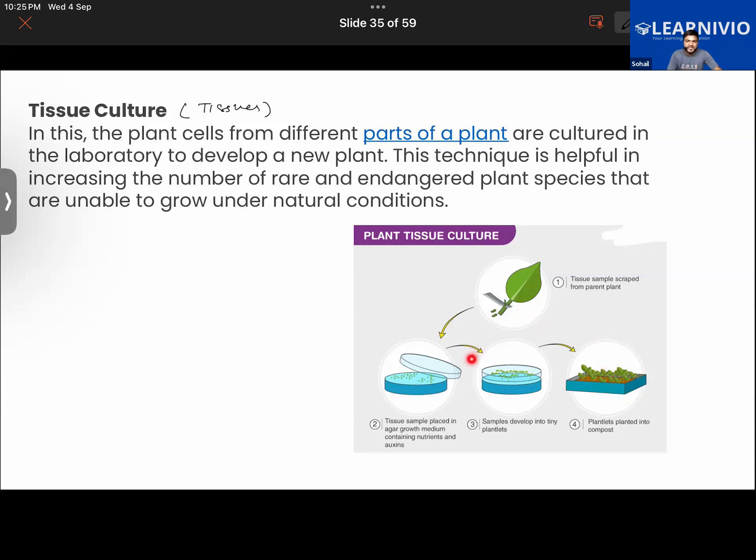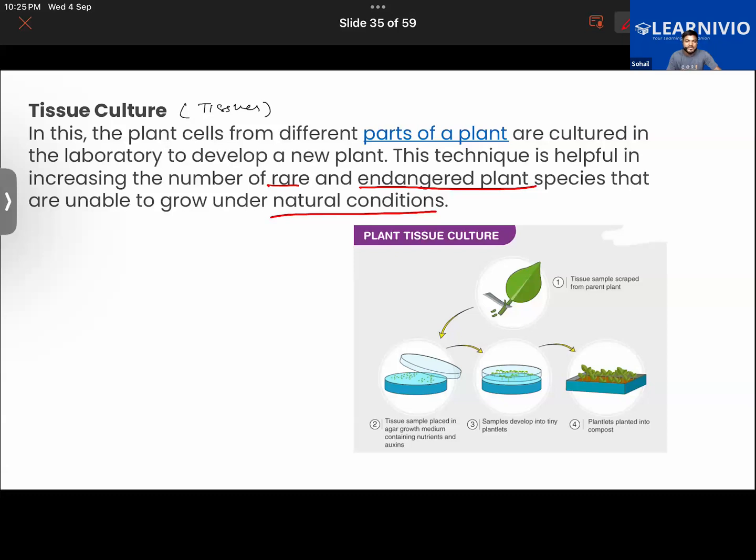Here, we are seeing that with the help of a tiny tissue of a plant, we can grow so many plants out of it. Thousands and thousands of plants can be grown with just a small tissue of a plant. Also, tissue culture has helped us increase the number of rare and endangered plant species that are unable to grow under natural conditions.